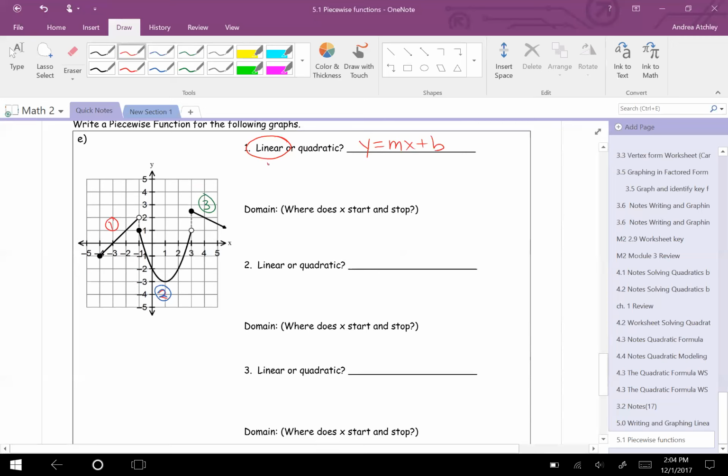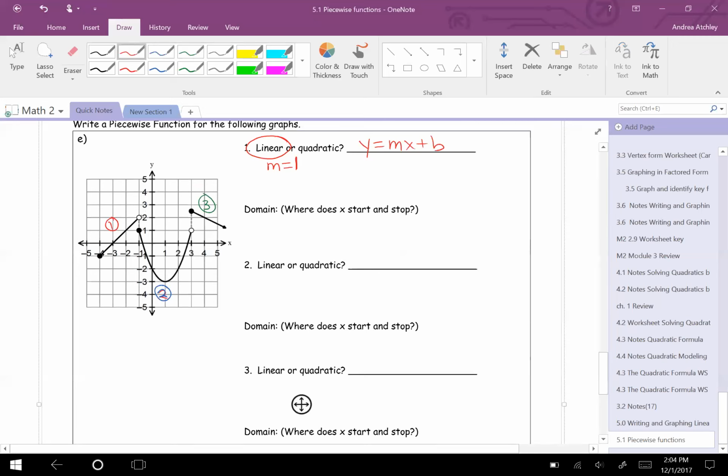So for this, I need my slope. Everyone trying to determine the slope for me? Okay, in class, what is the slope? 1. Good. Now I want to check to see, does it have a y-intercept? No. Could we kind of see where it's going to cross the y-axis if it continued on? Yes.